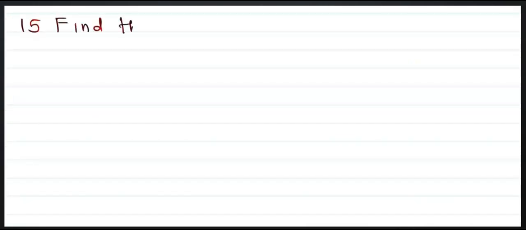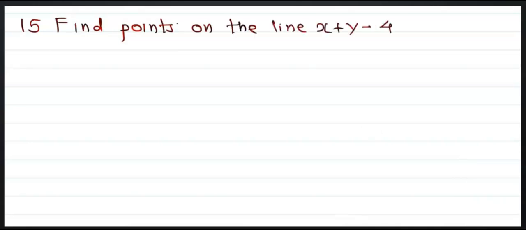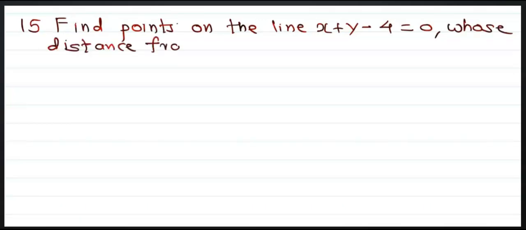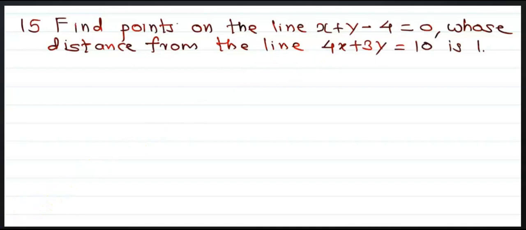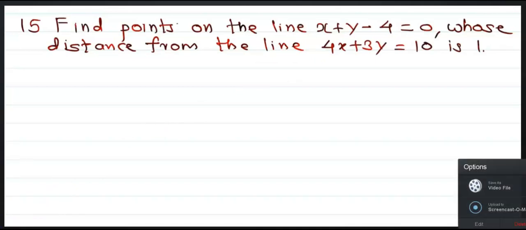Now question 15. Find the point on the line x plus y minus 4 equals 0 whose distance from the line 4x plus 3y equals 10 is 1.